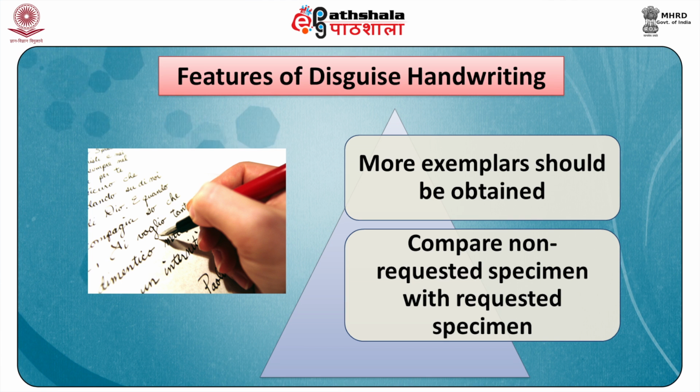Most persons are able to alter some of their writing habits, and most can successfully hide their identity in a small amount of writing, such as a single signature. However, most are unable to maintain a disguise when they have to write a large amount of material, such as an entire letter or several exemplar forms.